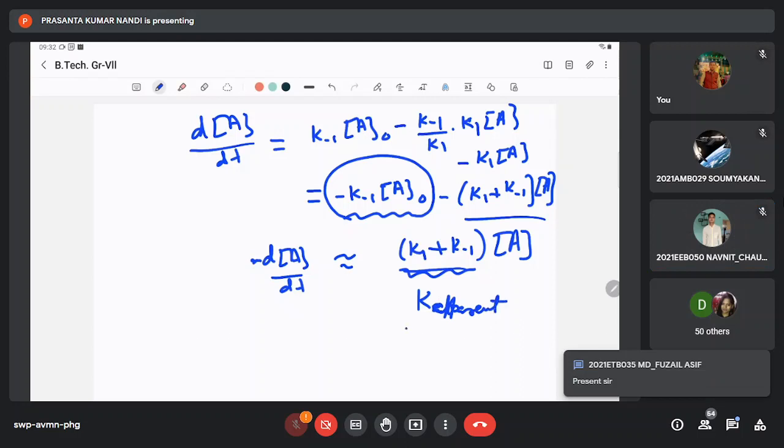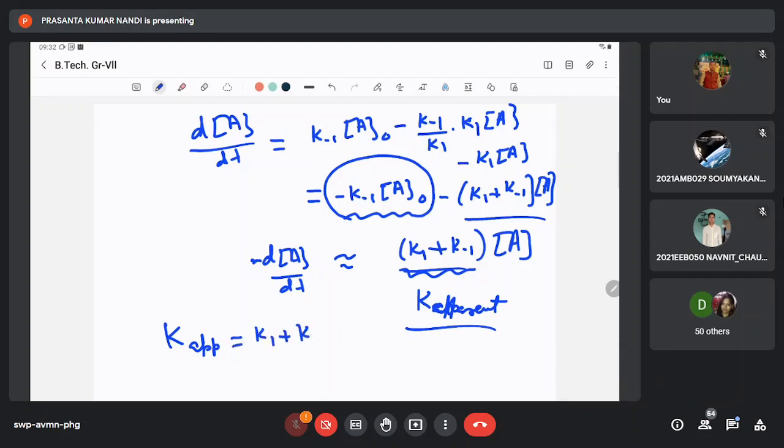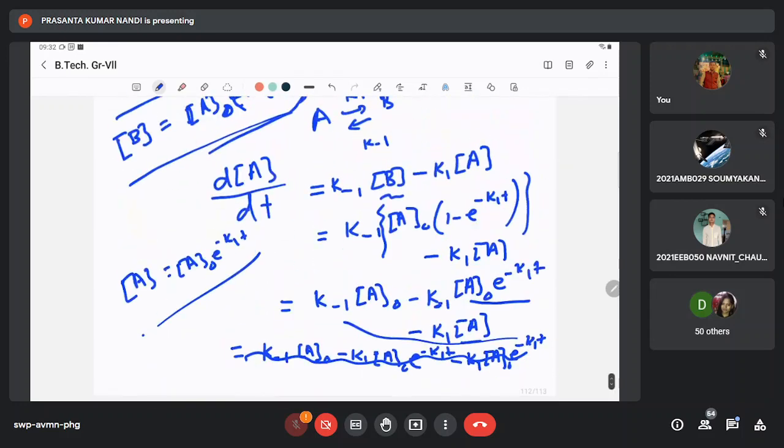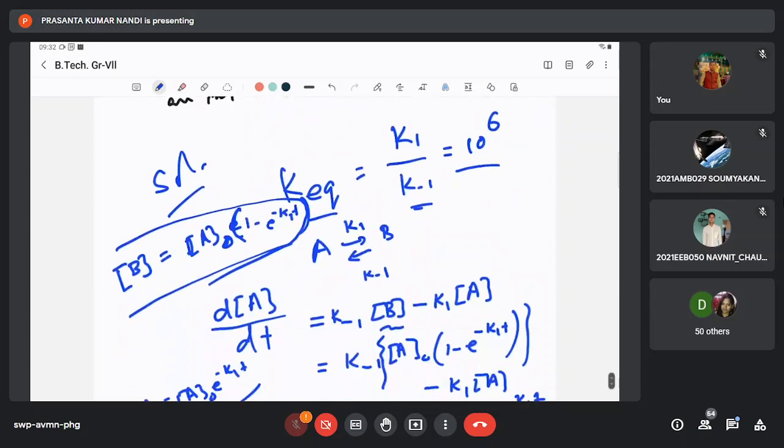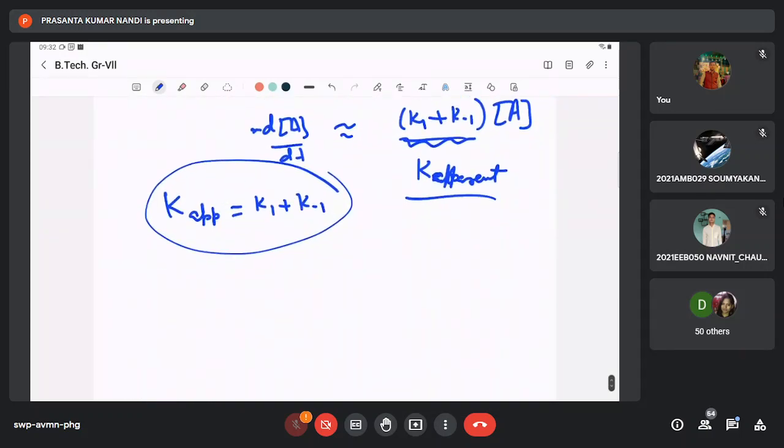This is the apparent rate constant, equal to k1 plus k minus 1. And in the question we asked what is the observed rate constant. This is basically k observed, because at the starting point this is equal to k1 plus k minus 1. This quantity you have to find out.